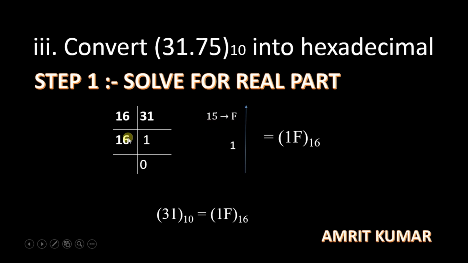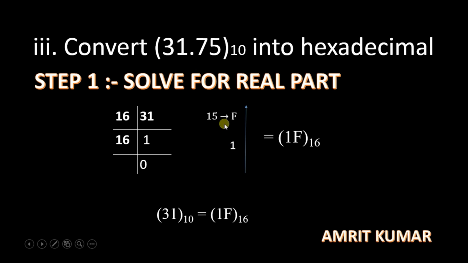After that, I divide 1 by the base of the hexadecimal again, that is 16 here. I am unable to divide it, therefore the remainder 1 is going to carry here. After that, I will follow the bottom to top approach, and in that process, I have to write 1 first.